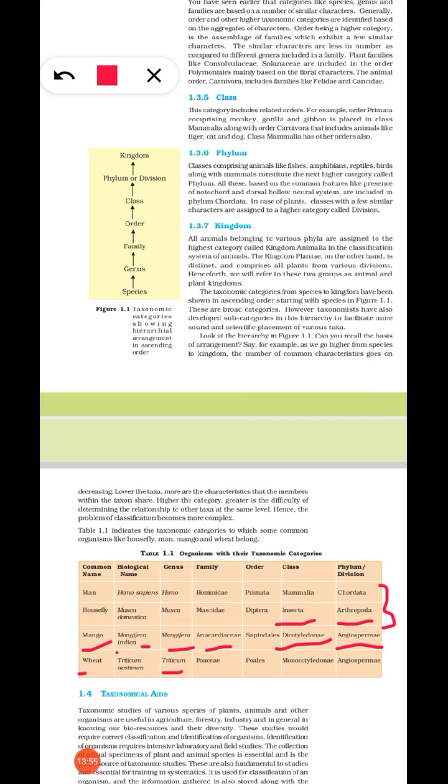You can see one thing: in animals the family name ends with AE, and in plants, like Rosaceae, aceae will be added. And in order, you can see ales in case of plants, Sapindales, Poales. In animals it is Primata, Diptera likewise. In plants, ales will be added.